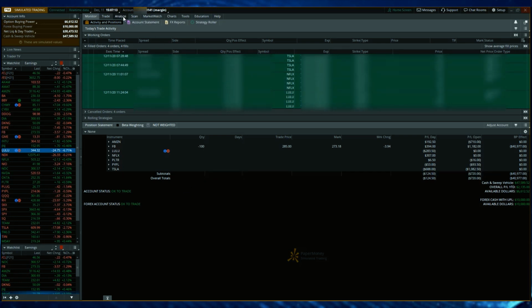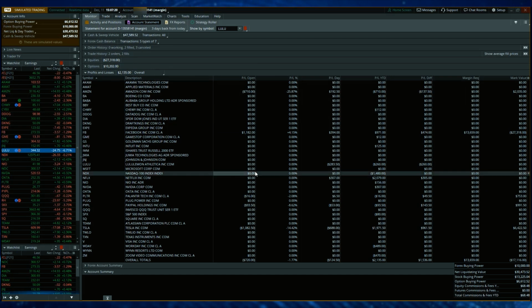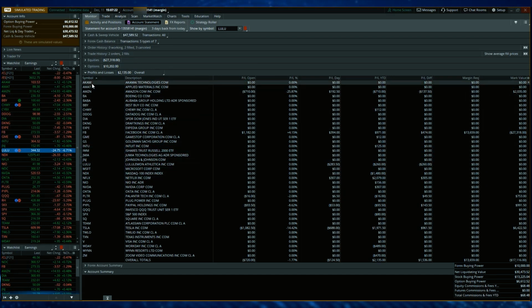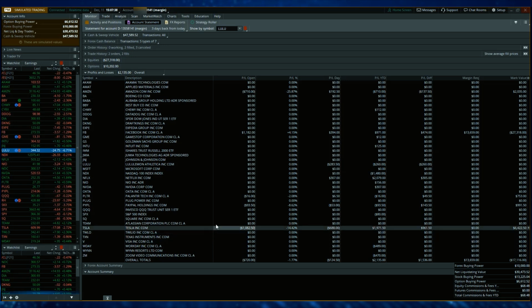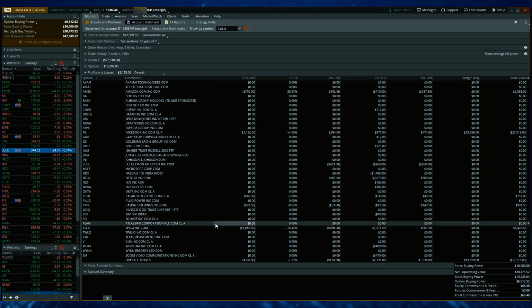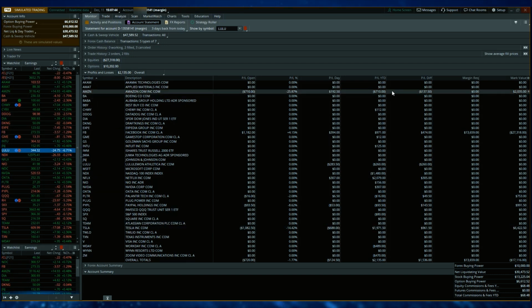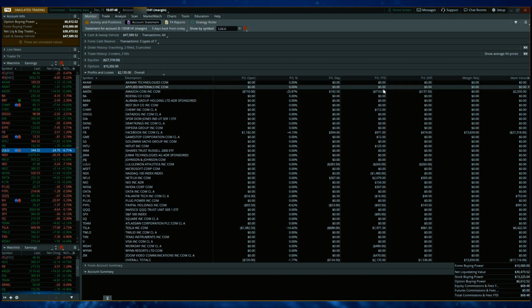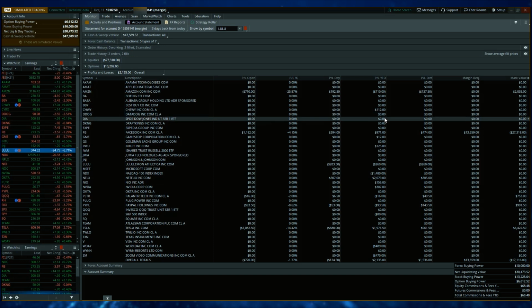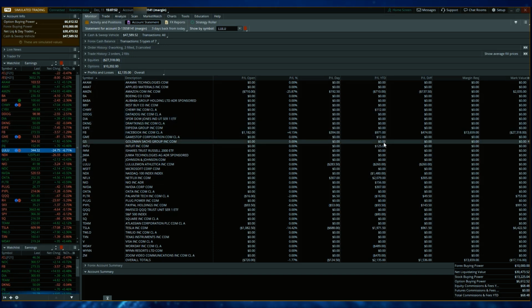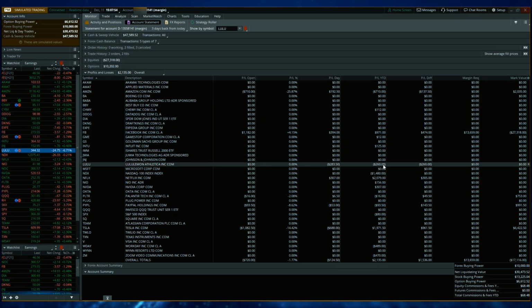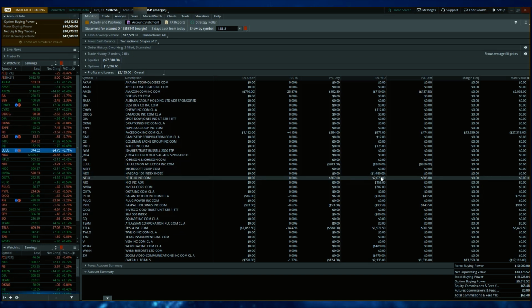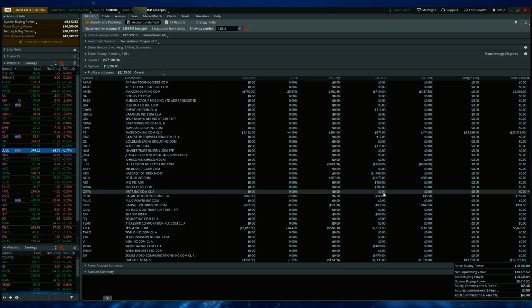Let's look at how many stocks we traded. Looks like we traded about 39 underlyings. And you can see the P&L down, pretty much even, up, even, down. This one up, made a few hundred.